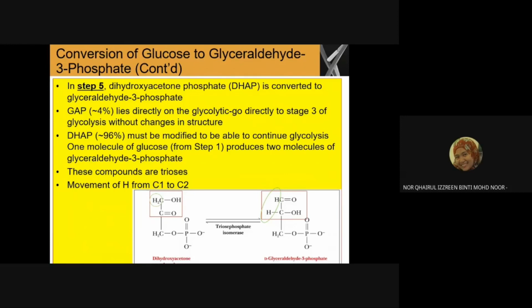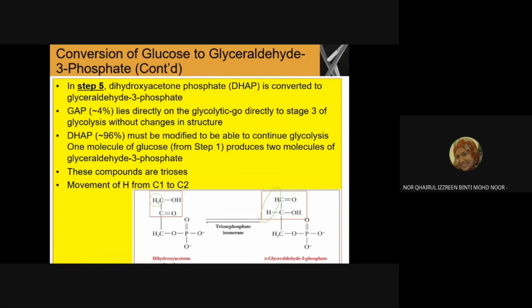So less GAP is produced. Both compounds are trioses. So this is the DHAP molecule.